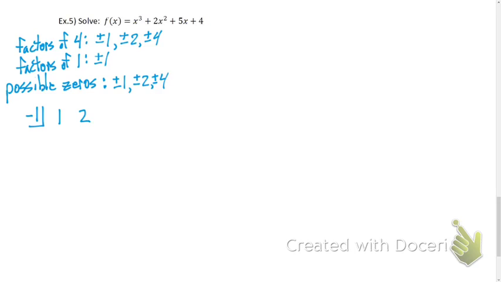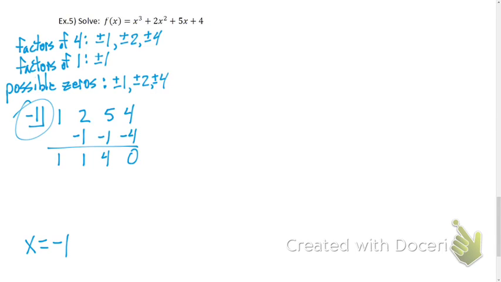Write down your coefficients. Do some synthetic division. And it checks out. This one's kind of similar to the last one in that we're done.